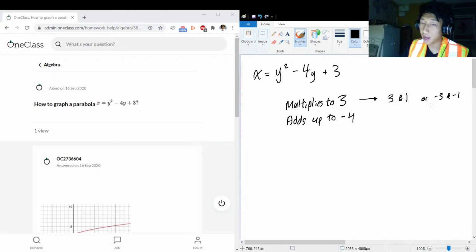And added together, they have to be negative 4. Well, 3 and 1 added together are positive 4, so they're disqualified. See you later, alligators. To add up to negative 4, it's got to be negative 3 and negative 1.